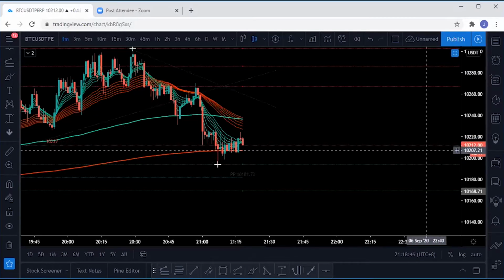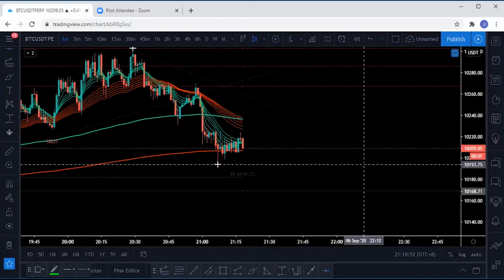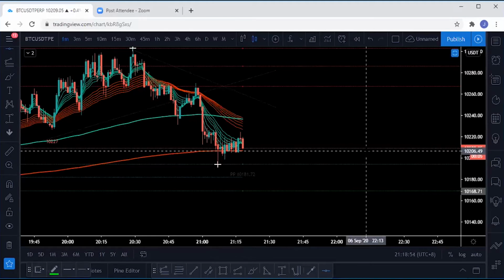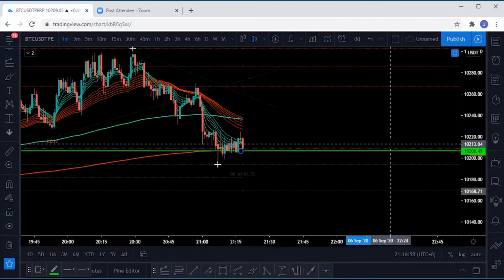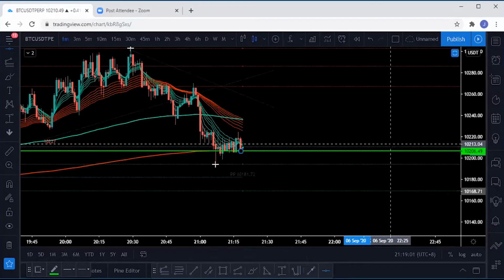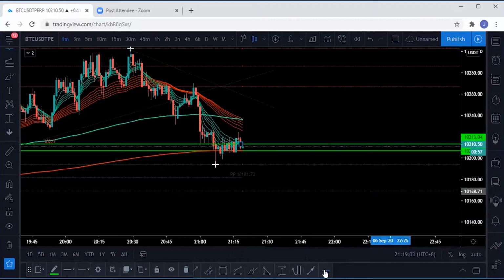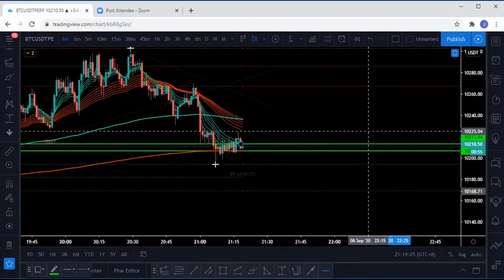That is 12% from our entry price. And the next is from here. This is your second TP, your third TP, this one.